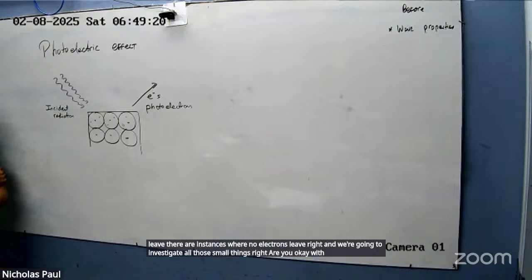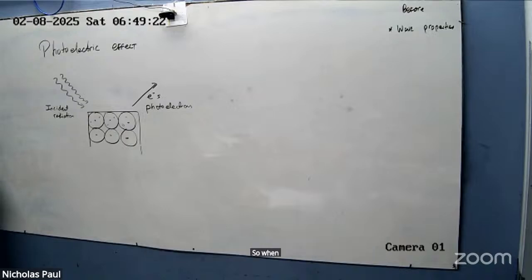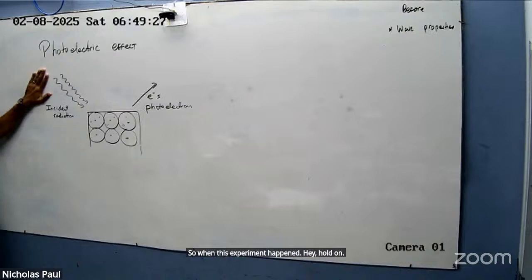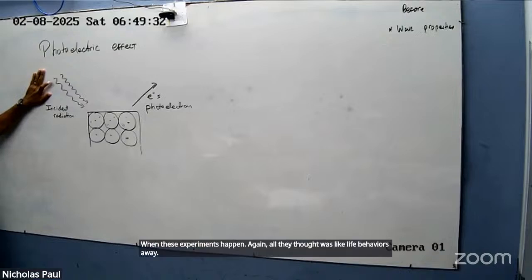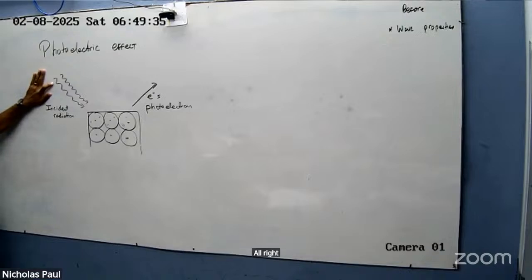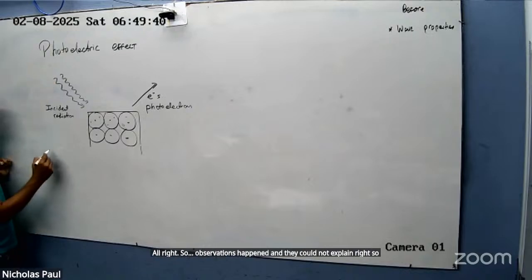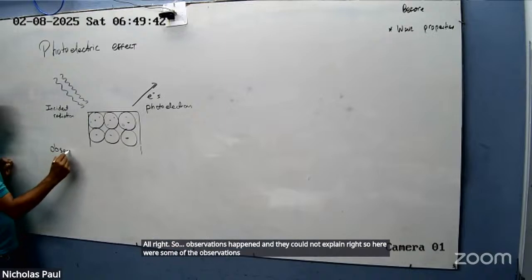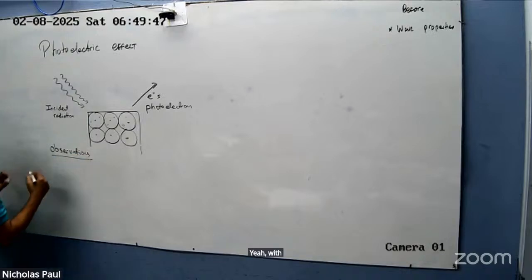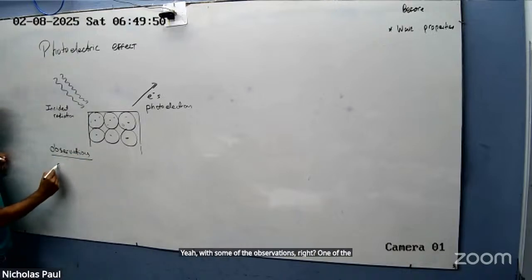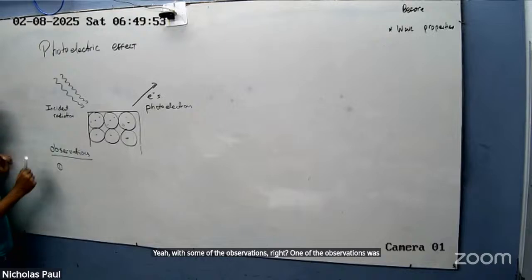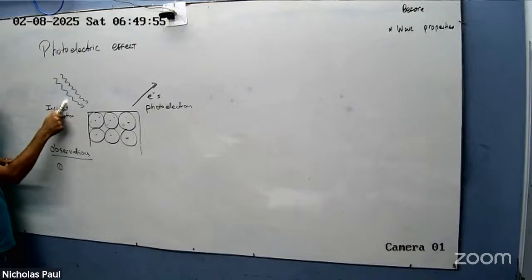Right. So when this experiment happened, again, all they thought was light behaved as a wave. So observations happened and they could not explain it, right? So here were some of the observations. One of the observations was that there's the incident radiation, right?